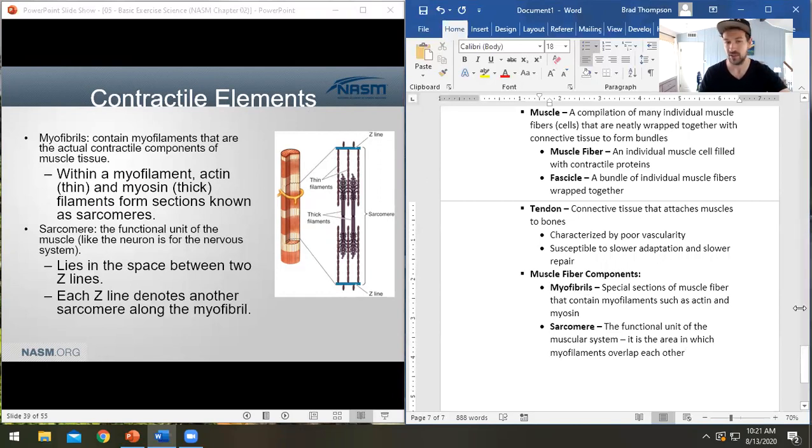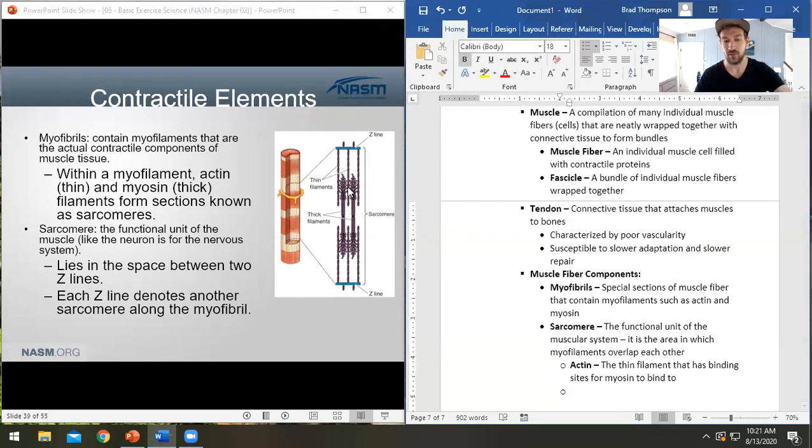And then the myofilaments that we're talking about are actin and myosin. So actin is, again, just like yesterday, the thin filament that has binding sites for myosin to bind to.